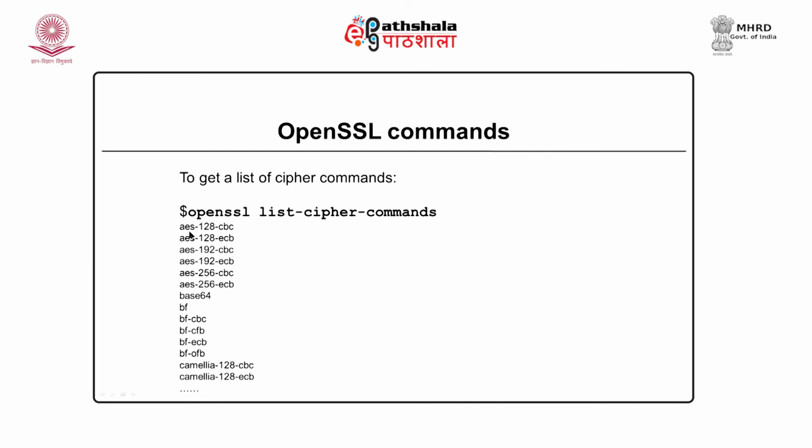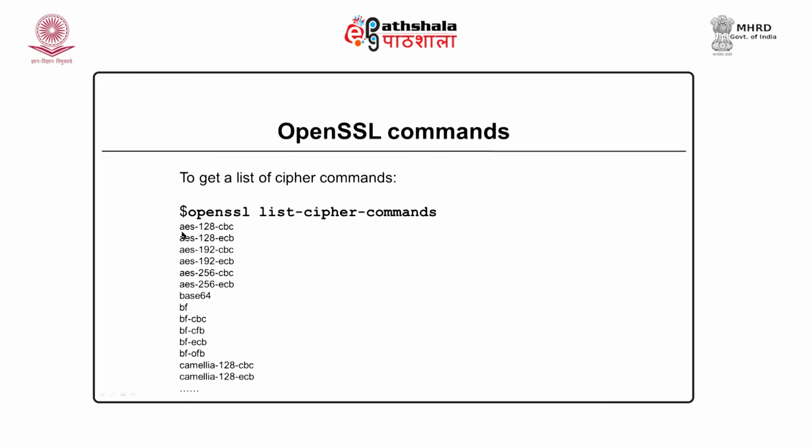Now, what does this line signify? AES is the cryptographic technique, Advanced Encryption Standard, 128 is the key size and CBC is the mode, that is cipher block chaining mode. The other one is electronic code book. So, a particular algorithm will support different modes.